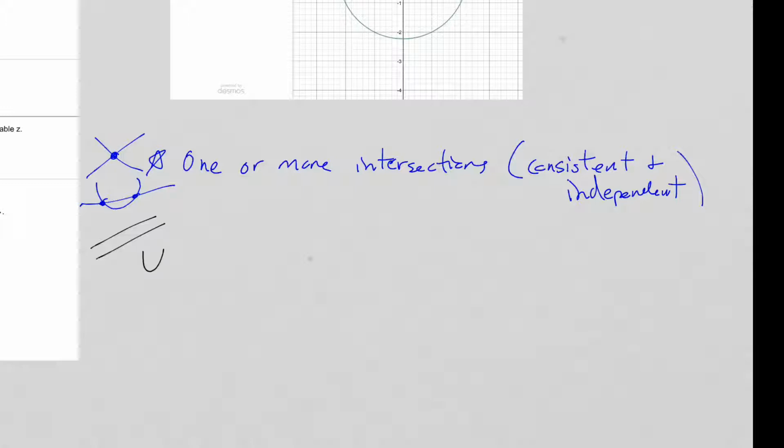So like you've got a parabola and a line like this. Both of those pictures describe non-intersecting, and non-intersecting is called inconsistent and independent.